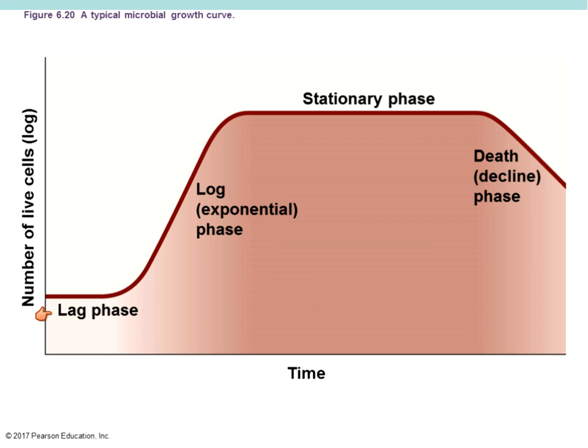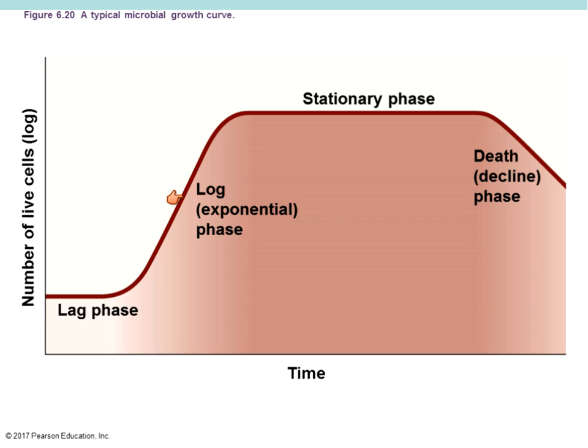So you're not seeing a huge, robust increase in cell numbers right away. In the lag phase, the cells are preparing for the division to take place. The nucleic acids are doubling, making copies of themselves. The cell has the invagination between the cell wall and the plasma membrane to make those 2 cells. So we call that the lag phase.